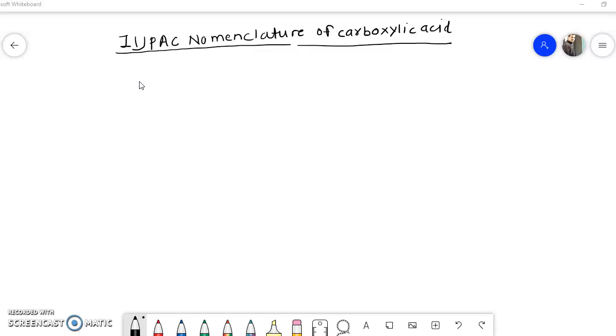Before that, we know that carboxylic acids have the general formula RCOOH. So we can say that any compound which has this COOH group is called a carboxylic acid.